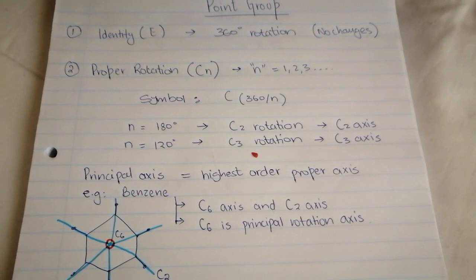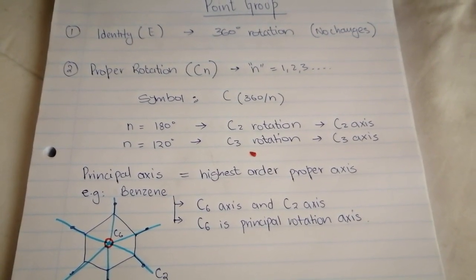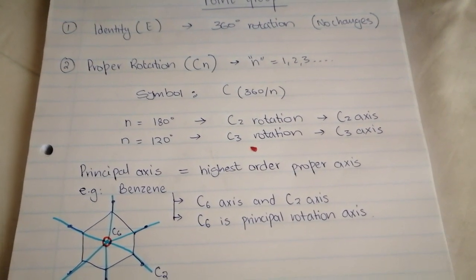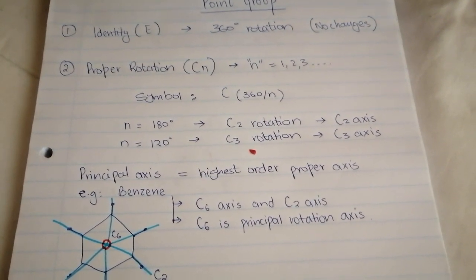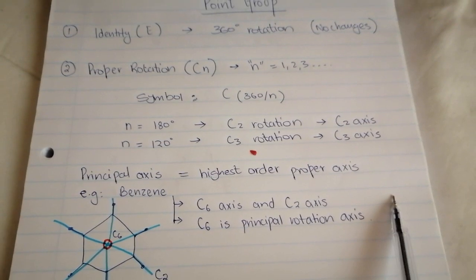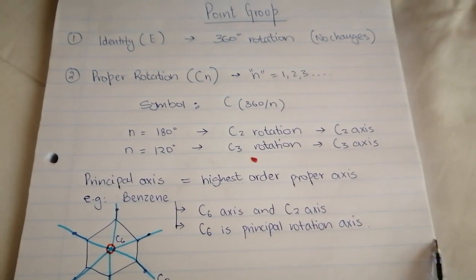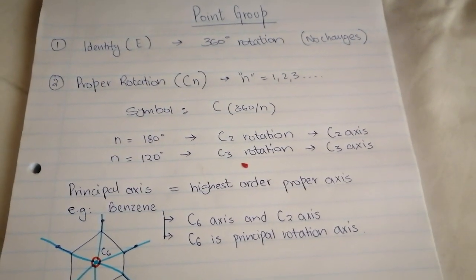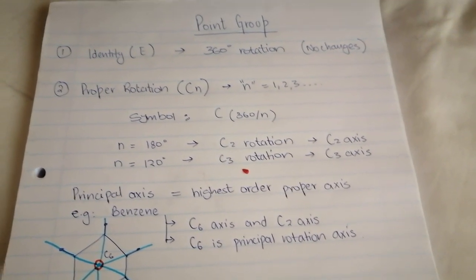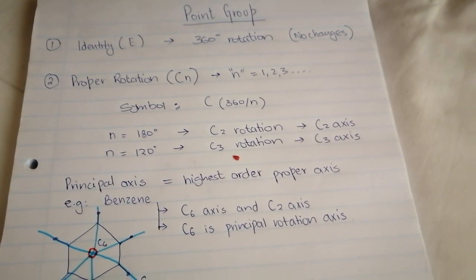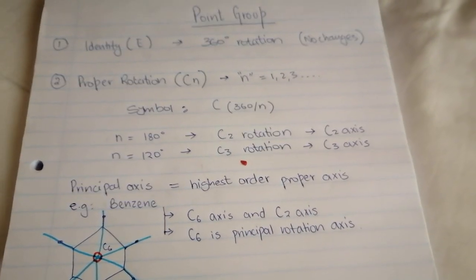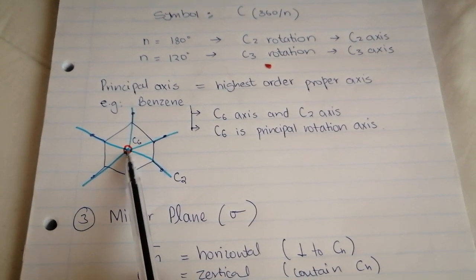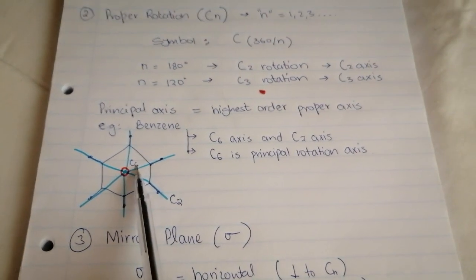Okay, another thing to remember is that whenever there are two or more rotation axes in one molecule, for example benzene has C2 rotation along an axis and there is a C6 rotation, what you're going to do is take the principal axis as the highest order proper axis. So if a C6 axis is present, like here in the benzene molecule, in the center of the molecule there is C6 rotation.